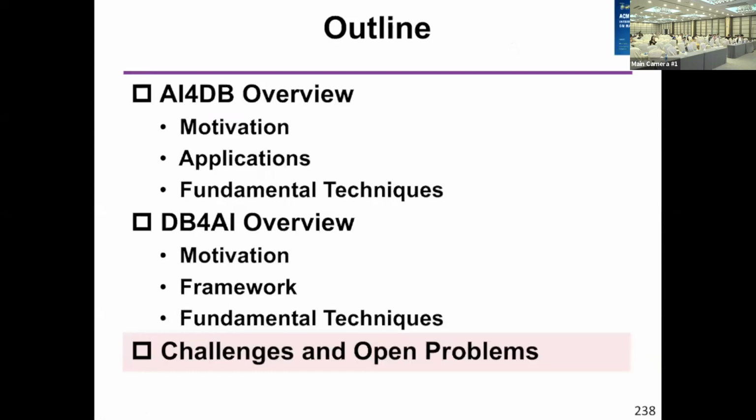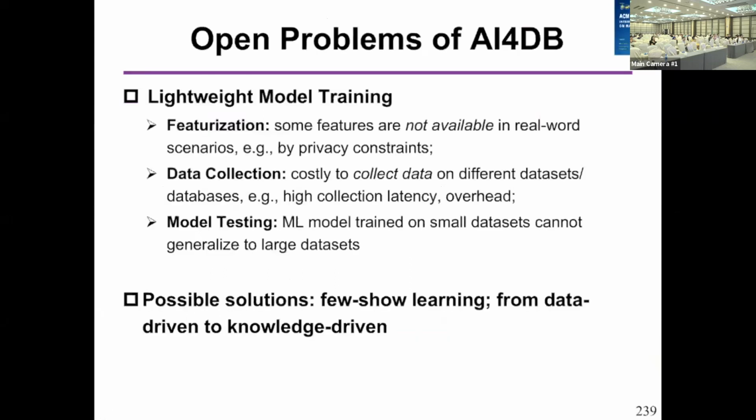Okay, finally, we will introduce some challenges and some open problems. So first, I will introduce some open problems of AI4DB. I think the most important is to design a lightweight model training method. For example, for knob tuning and for some index recommendation, it may take a lot of time for training, especially for cold start.